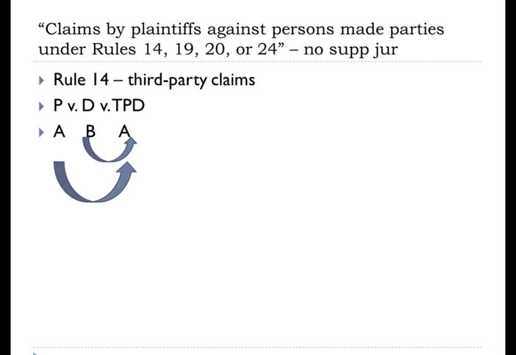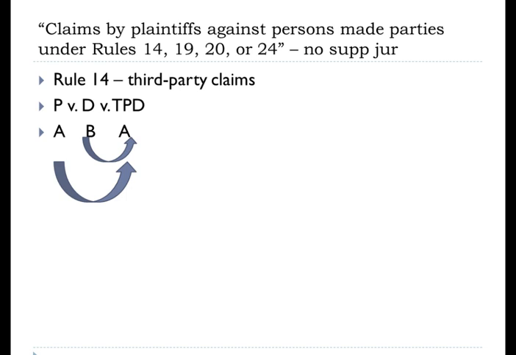The defendant goes ahead and files a third-party complaint against the third-party defendant, and now the plaintiff wants to file a direct claim against the third-party defendant. What's the IT claim? Plaintiff versus defendant. What's the wannabe claim? Plaintiff versus third-party defendant. First question, do these two claims arise out of the same transaction or occurrence? Let's assume that they do.